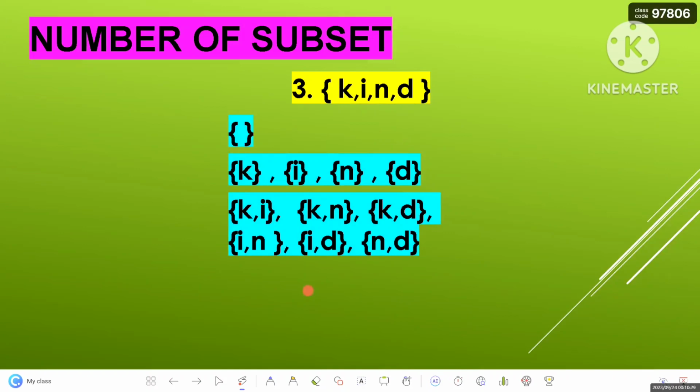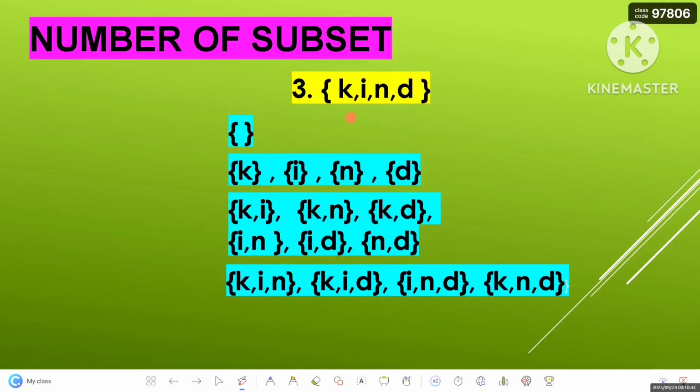Next, paano naman ang triple elements? So we have KIN, set KIN. Next, KID. Yan. Next, IND. Next, KND. So these are the triple elements.